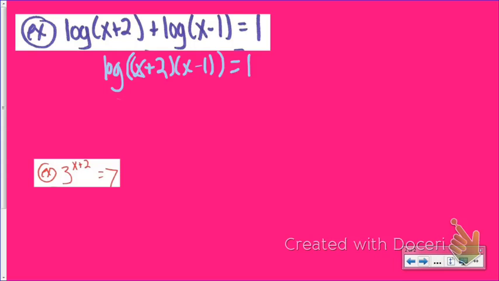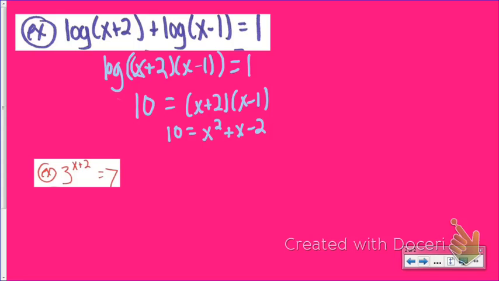Now if I rewrite this in exponential form, remember if there's no base written, that base is 10. So 10 to the first power is equal to x plus 2 times x minus 1. And if I actually do this math here, that's going to mean that 10 is equal to x squared plus x minus 2.